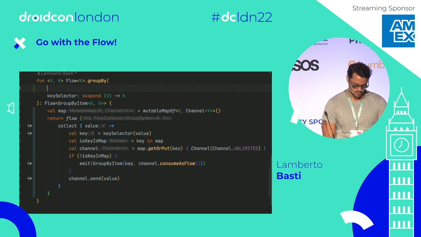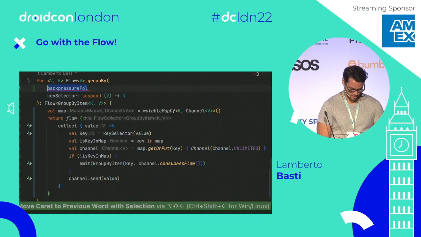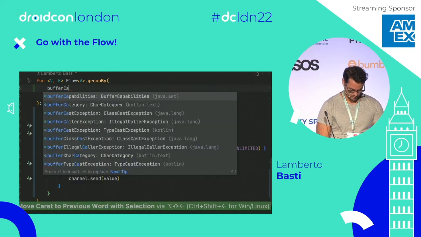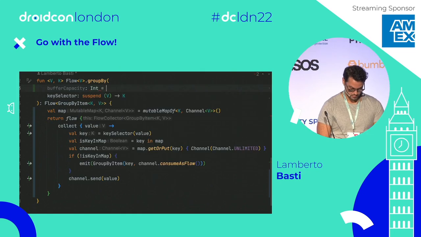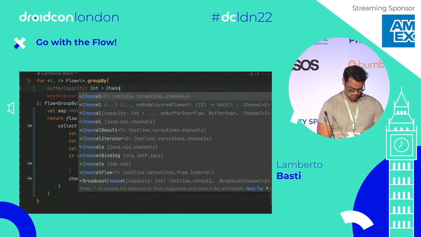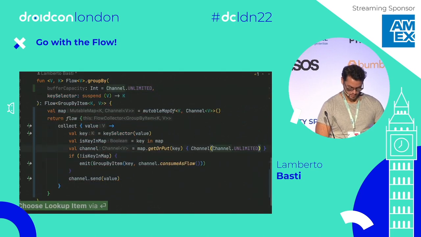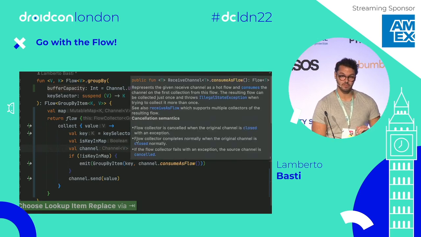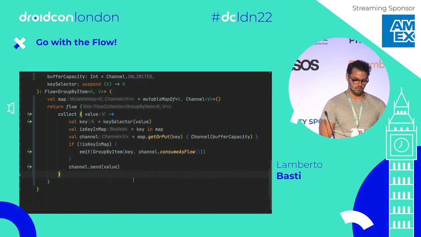So we add a buffer capacity, which happens to be an integer, and by default it's channel.unlimited. And here we'll just put buffer capacity. Now we're sure that by default it's not going to go into some kind of starvation or a deadlock, but the user might always mess things up.